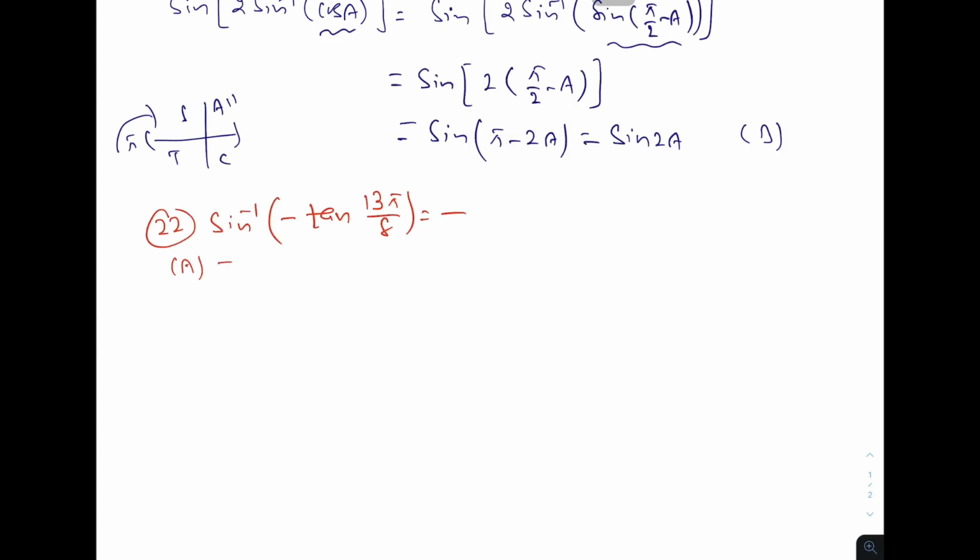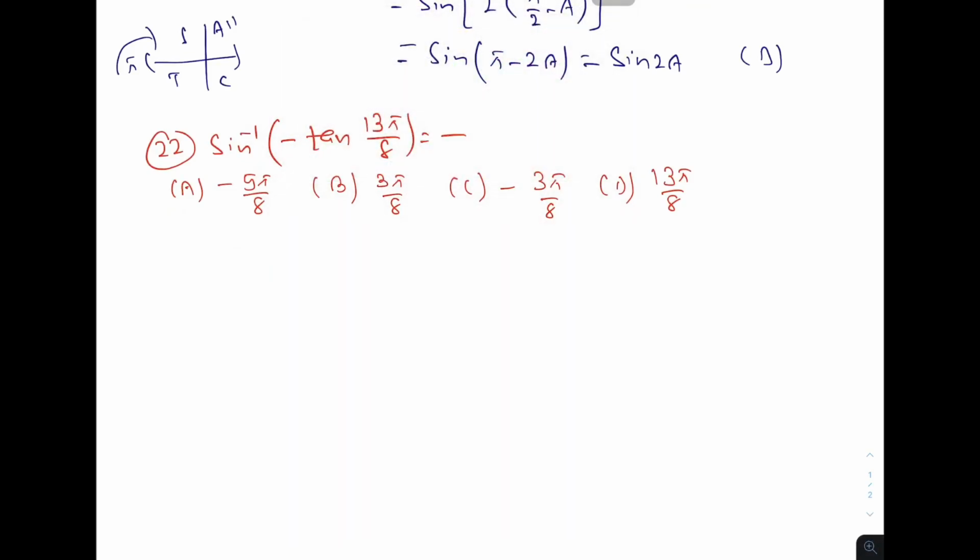Options are minus 5 pi by 8, 3 pi by 8, minus 3 pi by 8, and 13 pi by 8.